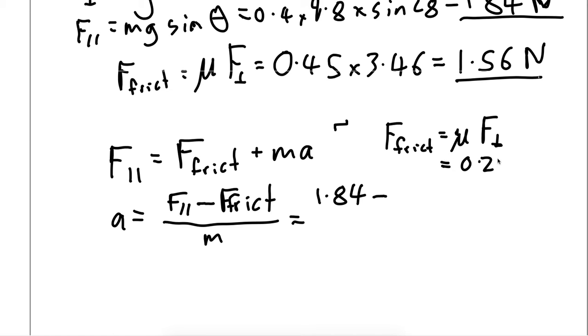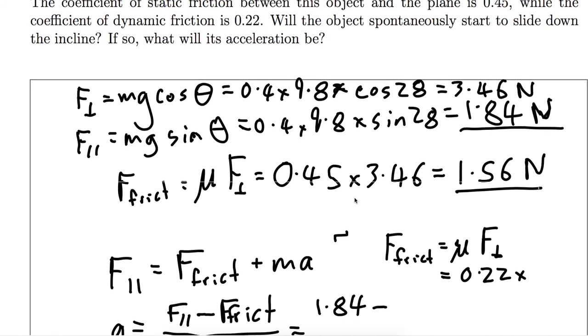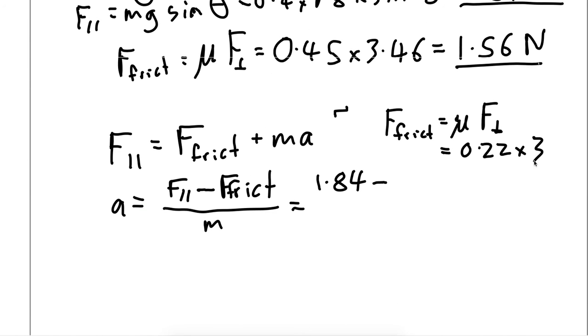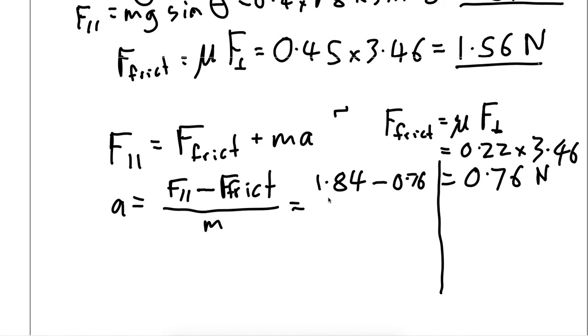So 0.22 times, what was that perpendicular force? 3.46 Newton is going to be 0.76 Newton. This is the new frictional force. So minus 0.76, I might make a line there to differentiate those two things, divided by 0.4 kilogram, which is the mass of the object that's accelerating.